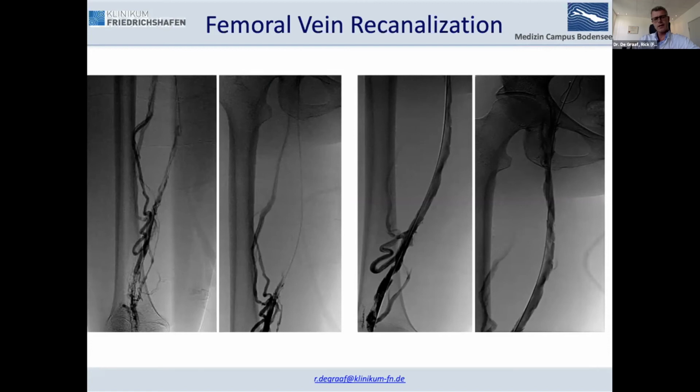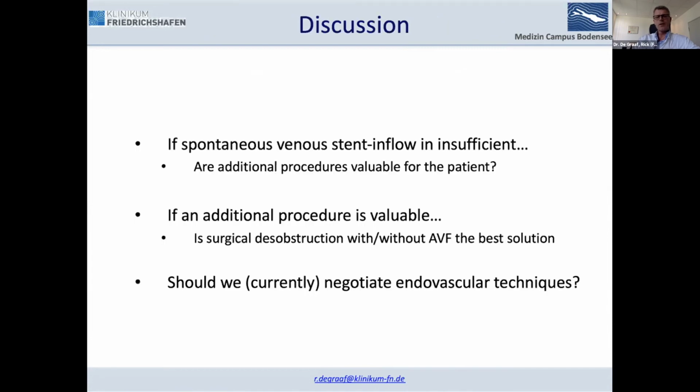The exact mechanism I'm not completely familiar with, or maybe even a little bit skeptical, but he published it, and the results are really good, and you get a nice inflow from the popliteal vein and the femoral vein, thereby also increasing the patency of the iliac vein stents. So that might be another option next to the AV fistula.